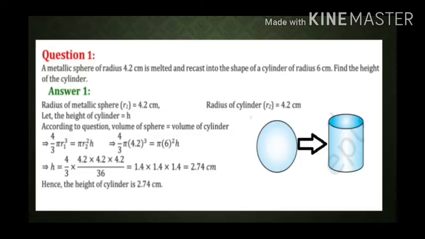According to the question, volume of sphere is equal to volume of cylinder. Pi and pi will cancel each other. Put the values of R1 and R2 in the calculation. h will be 2.74 centimeter. That is, the height of the cylinder is 2.74 centimeter.